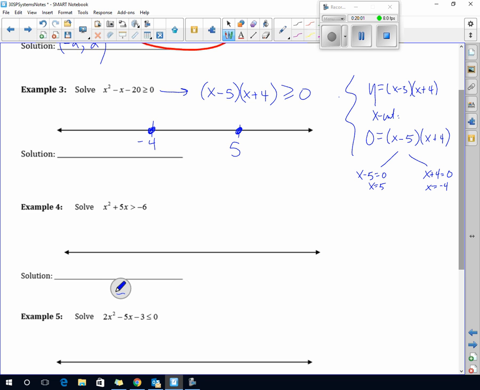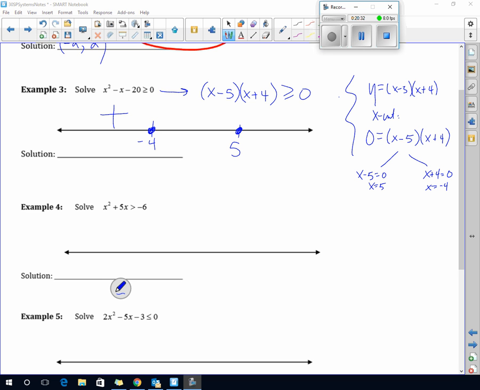Okay, what's the number between negative 4 and 5? 0, negative 2, it doesn't matter. Just pick one. Plug it in. What do we get? Positive or negative? Negative. Plug one of those numbers into here. Do I get positive or negative? Positive. So I have a negative times a positive. So what does that give me? Negative.